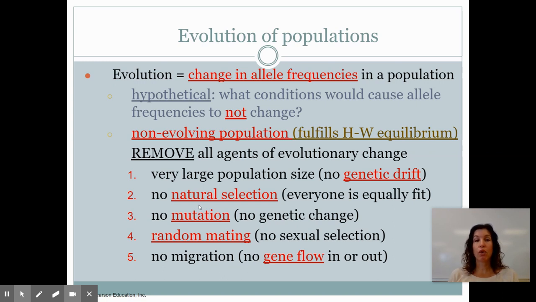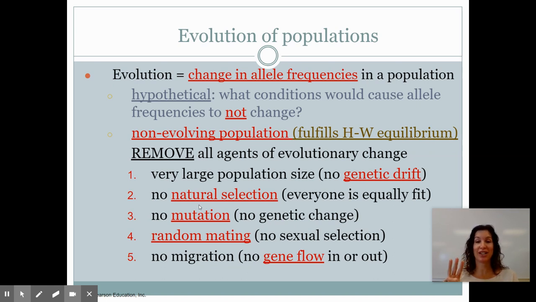So in order for genetic equilibrium to exist or for a population not to evolve, these 5 conditions need to be met. One is it has to be a very large population so that genetic drift cannot happen. And we'll talk about what genetic drift is in a little bit. Second one is no natural selection can occur. Everyone is equally fit. There's no adaptations to the environment. Number 3, no mutations are occurring.